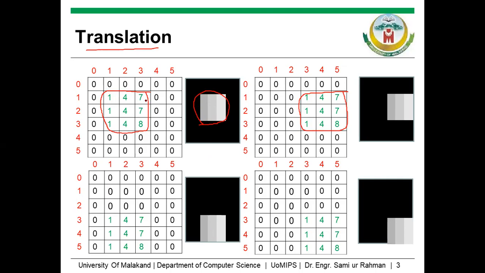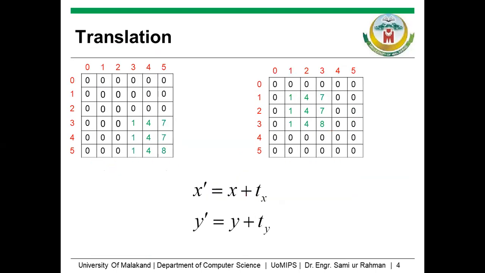And we can also move this object to the right bottom corner, so in this case, these center pixels will come to these positions. Now we are interested in how this movement can be mathematically represented.